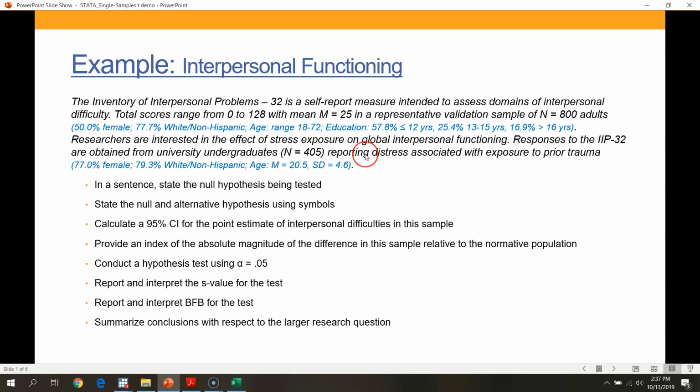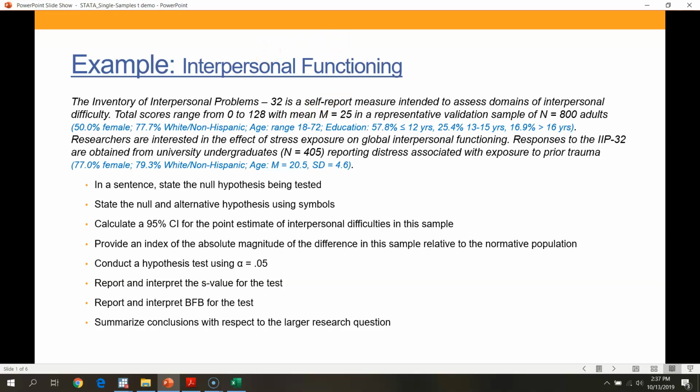Here we're looking at university undergraduates, and the question with this single sample t-test is, are these scores that we've observed among trauma-exposed undergraduates likely to have come from a population with an equal mean to that in the general population of adults?